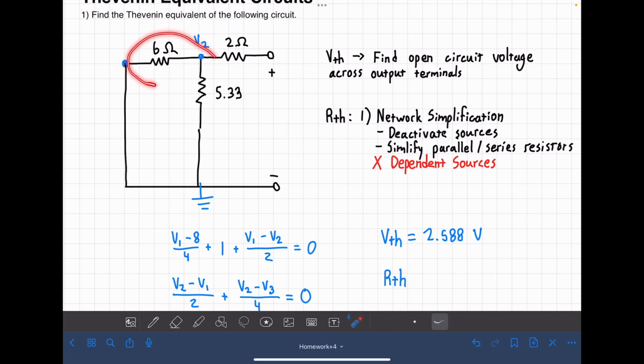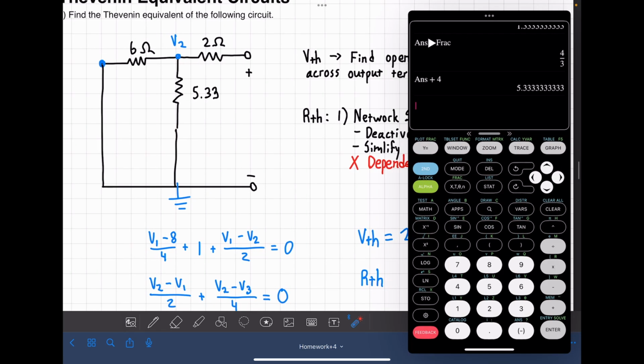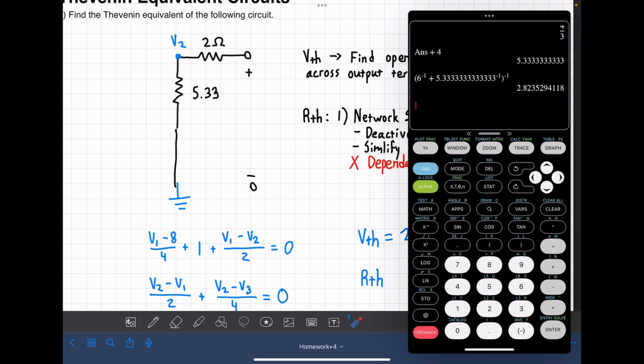These two are now in parallel, sharing the same 2 nodes. So I'm going to do that real quick. That's a nasty number, but they combine to just one resistor of value 2.8.